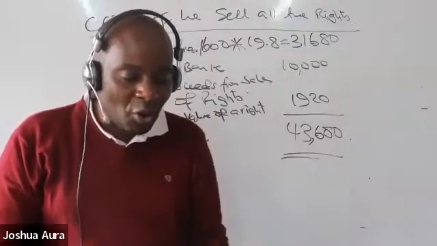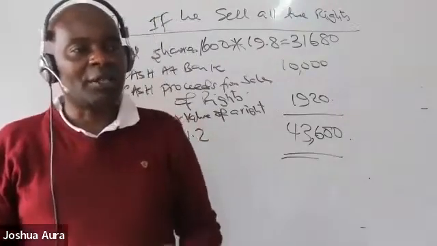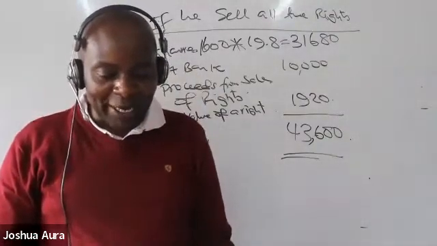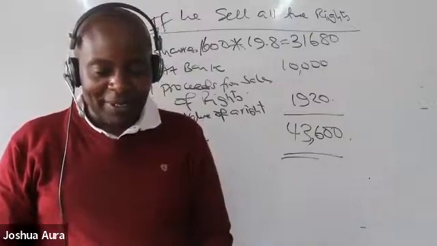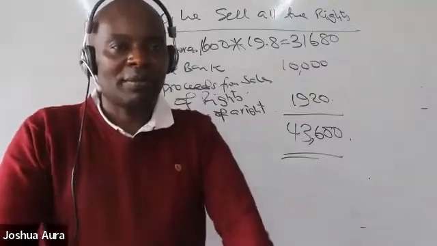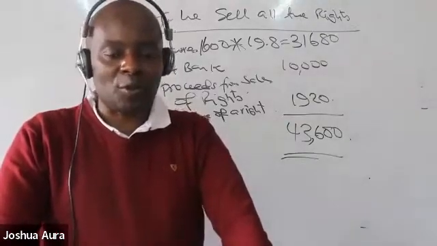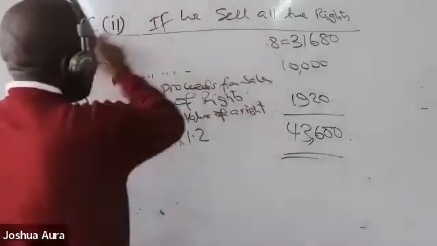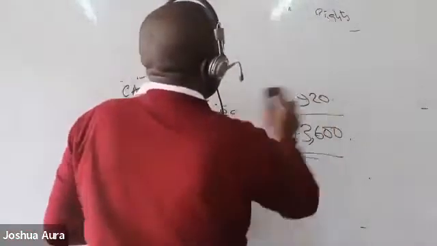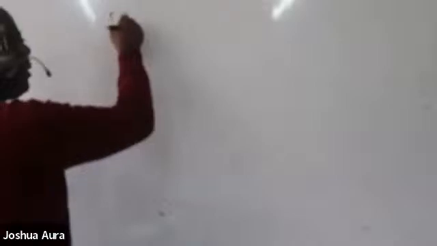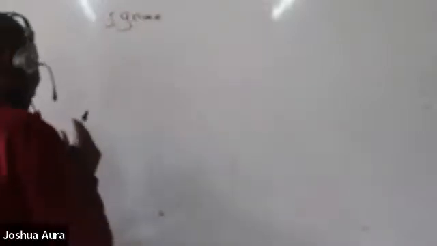What if now he ignores the rights issue? This is quite interesting. Now you should be able to do it. If he ignores the rights issue, he says, I'm going to do nothing.